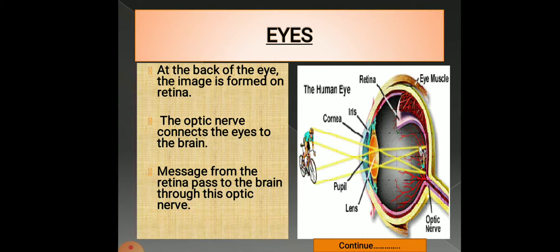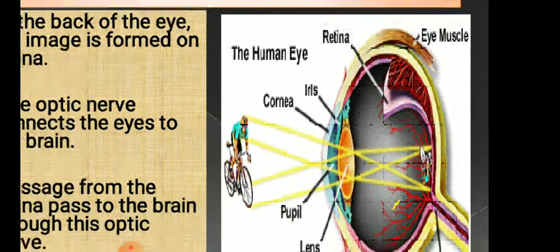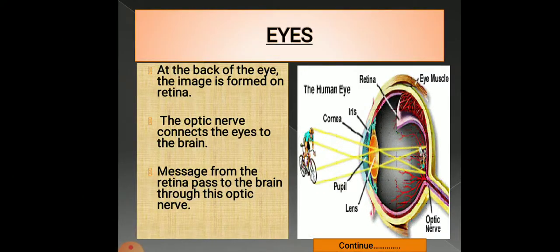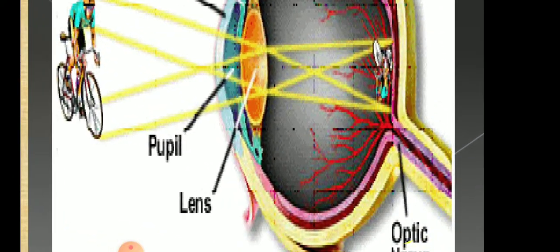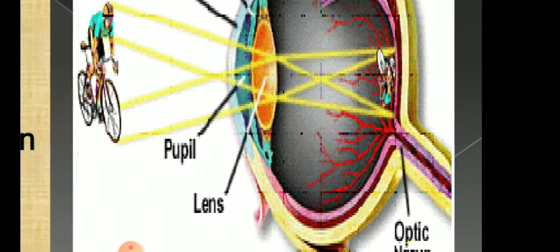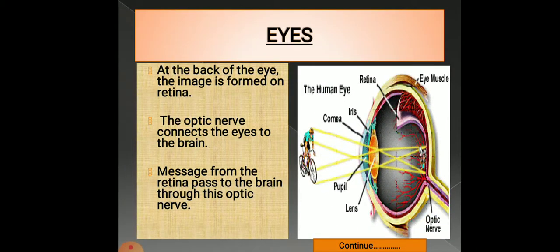Am I clear? आपको दिखाई दे रही है बहुत सारी nerves हैं यहाँ रेड कलर में छोटी छोटी सी. So this red color part is optic nerve and they are attached to the brain. They carry the message to the brain और brain उसको दिखाता है. We are able to see the picture through the brain only. ब्रेन आपको मैसेज भेजता है तभी हम उस पिक्चर को देख पाते हैं. And it takes place in only a fraction less than a second. Got it? I hope this is clear to you.